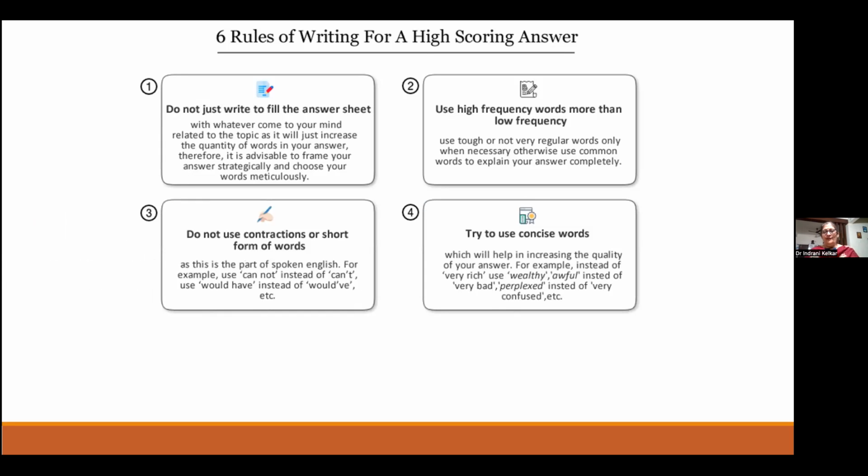Next is, do not use short forms or contractions in a good answer. We are used to SMS language and WhatsApp language today, and that is not something which you should use while writing the answer. We suggest that you don't write can't, but write cannot, because even small things matter there. It is not a good way of writing short forms or abbreviations.